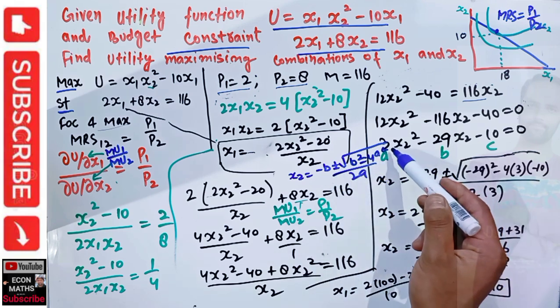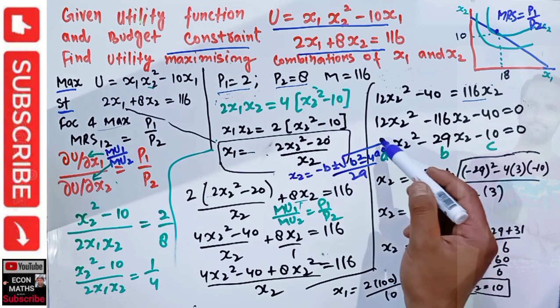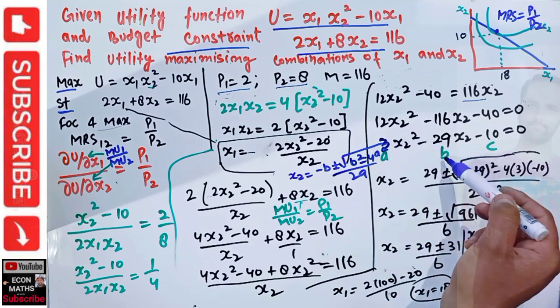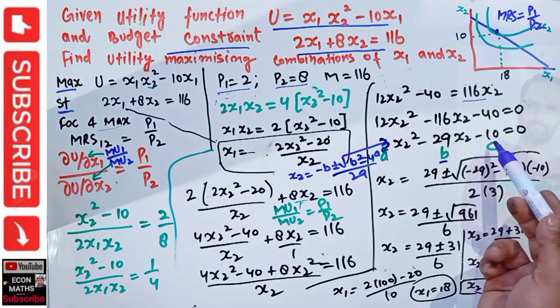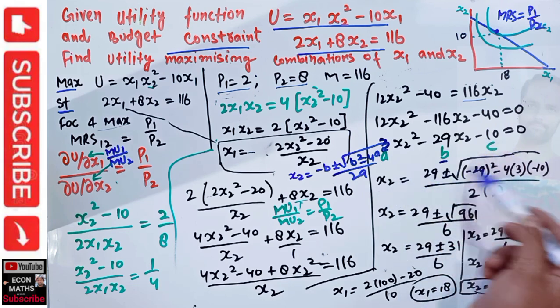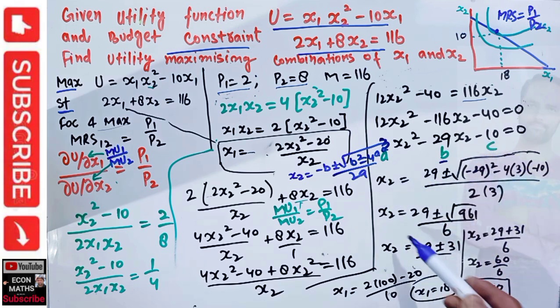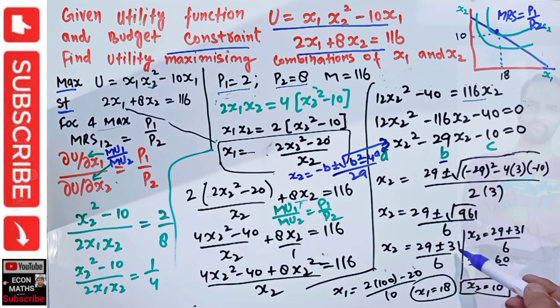The value of a is the coefficient of x squared, which is 3 here, b, the coefficient of x2, is minus 29, and the constant term is minus 10. Using the quadratic formula, we get x2 equal to 29 plus or minus 31 divided by 6.